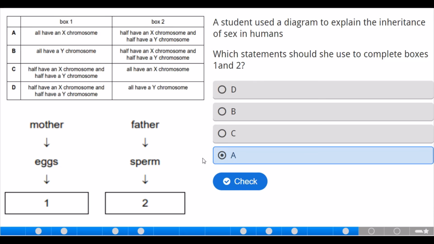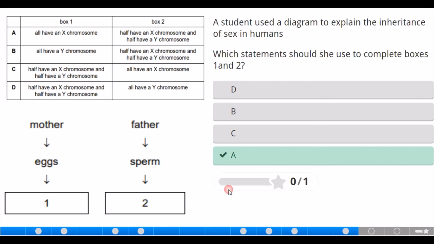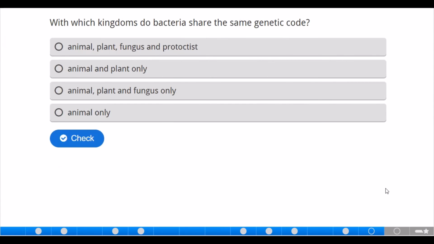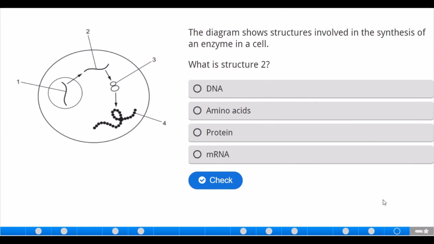All have an X chromosome for box 1, and for box 2, half have an X chromosome and half have a Y chromosome. With which kingdoms do bacteria share the same genetic code? Bacteria share the same genetic code with all other kingdoms: the animal, plant, fungus, and protist kingdoms.